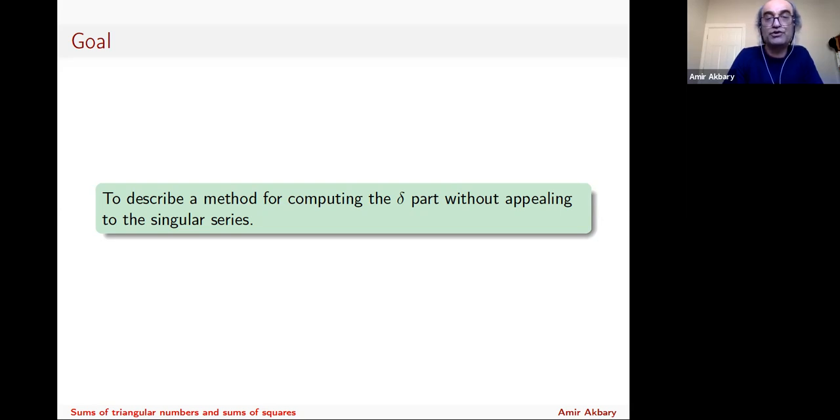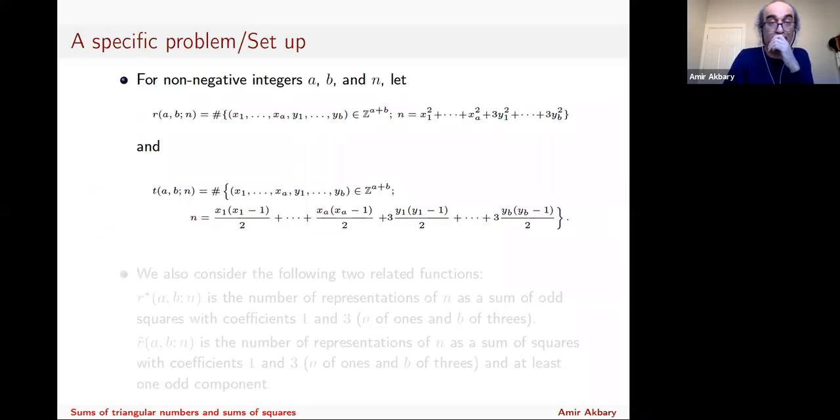I think the best way to do this is to consider a specific example, and I consider these two functions, RABN and TABN, which are the next typical problems that we can consider related to RSN and TSN.